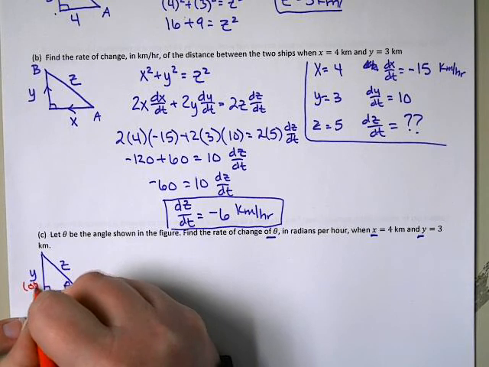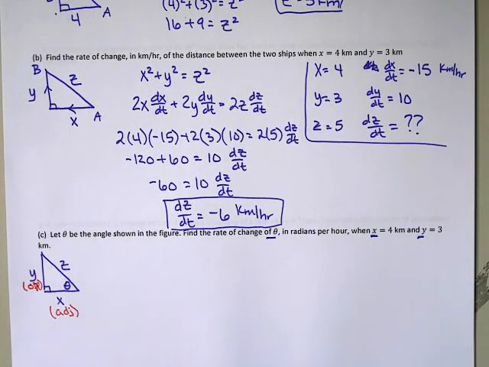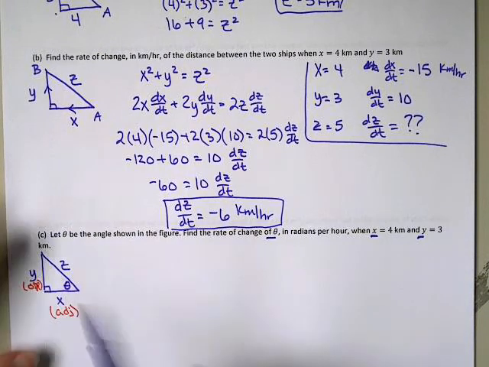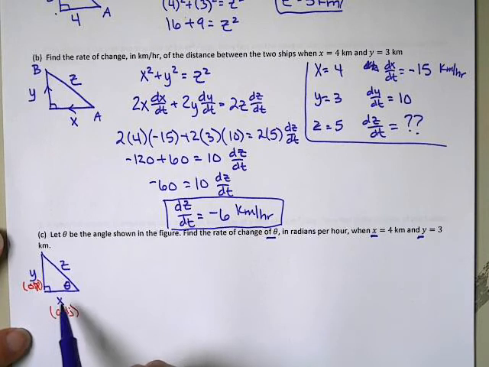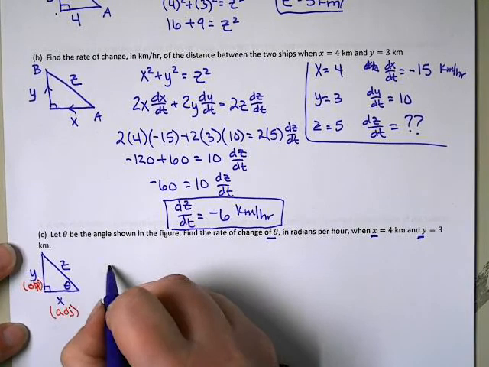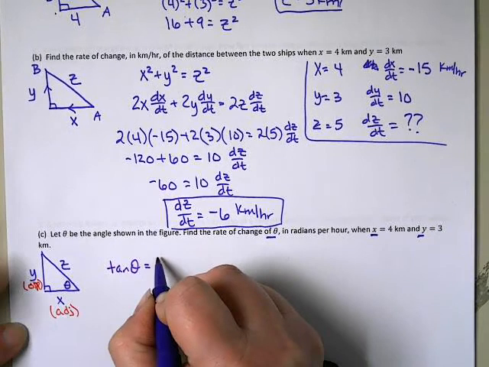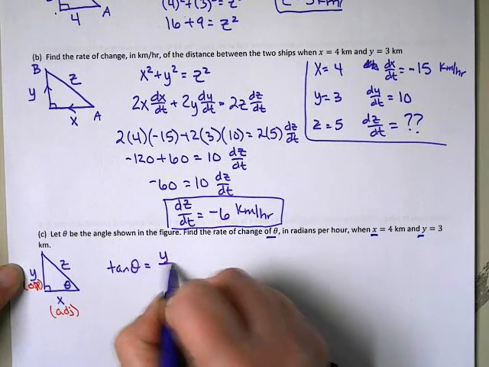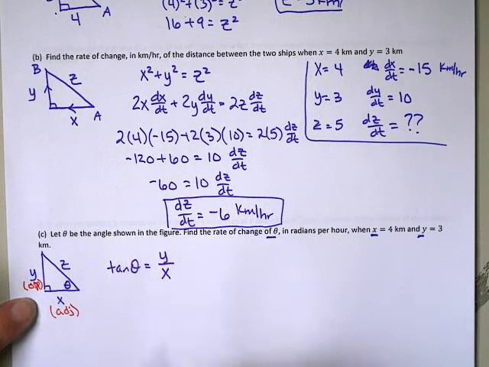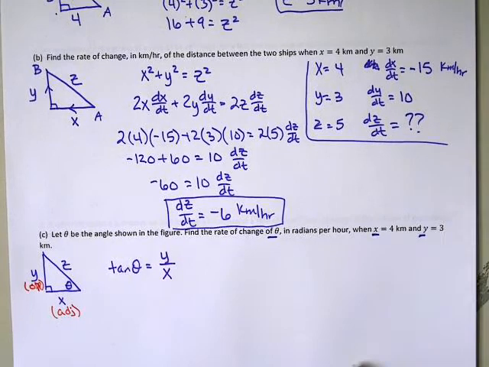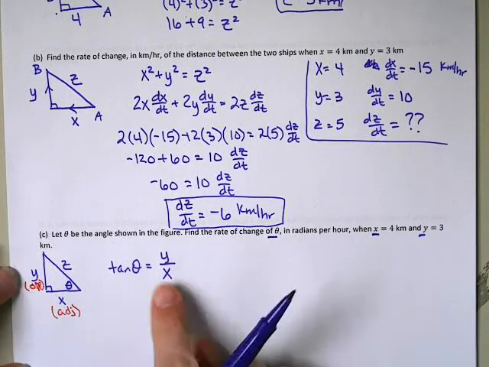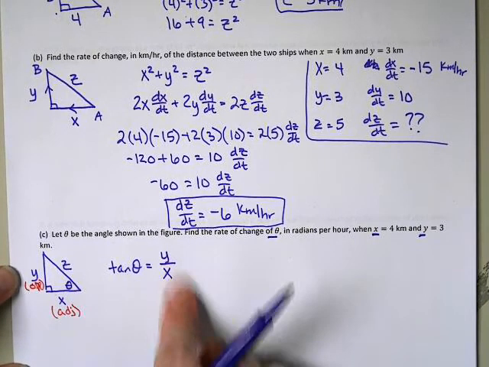Those of you who had me for geo, hopefully you remember this. But that means then that the tangent of theta is equal to the opposite, which is y, over the adjacent, which is x. Because if we think about trig, we know that we need our SOHCAHTOA. So there's our equation that relates theta, x, and y.